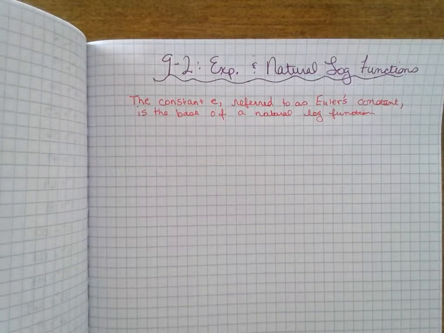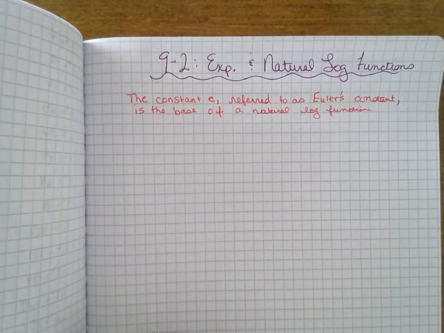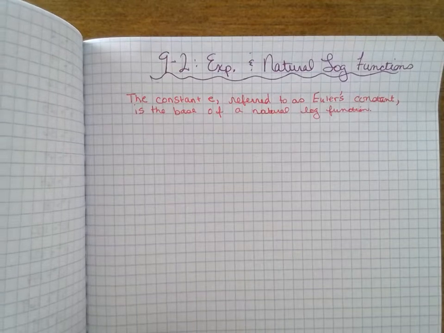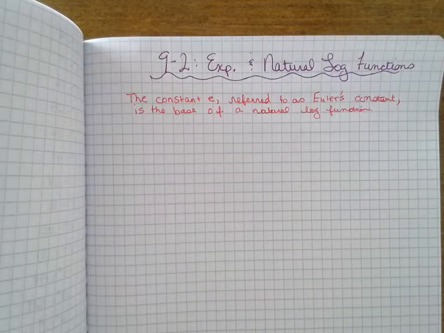Okay? All right, let's talk about how we're going to go back and forth here. So the first thing I want you to hear is natural log. Log, it's still a logarithm, okay?